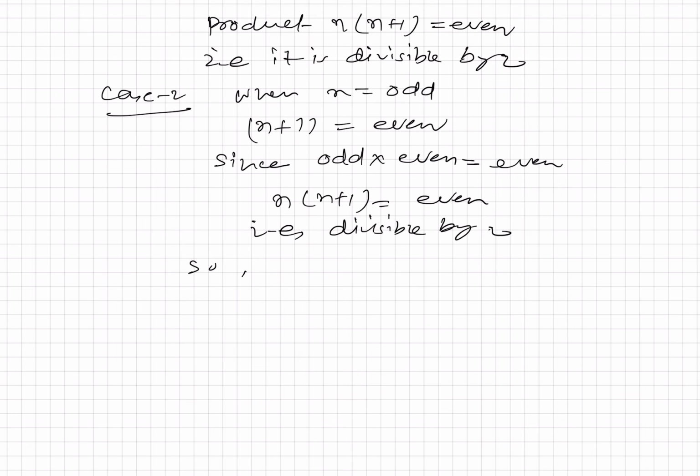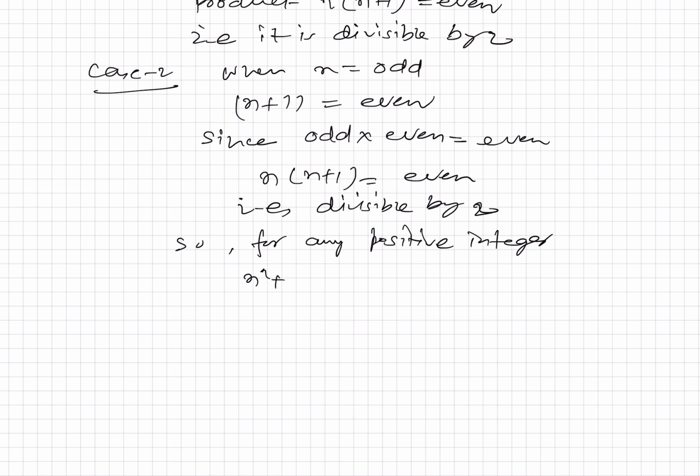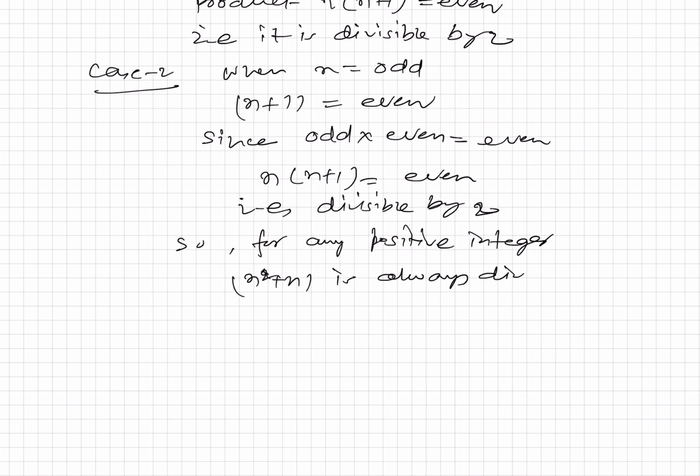So for any positive integer n, n square plus n is always divisible by 2. Okay.